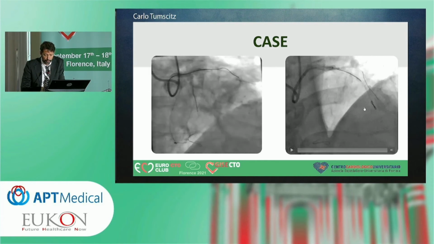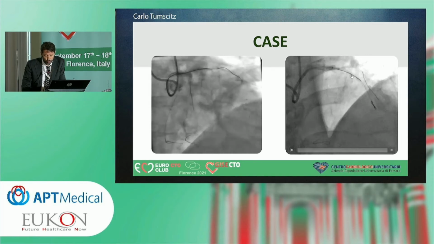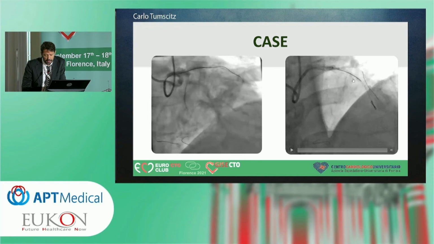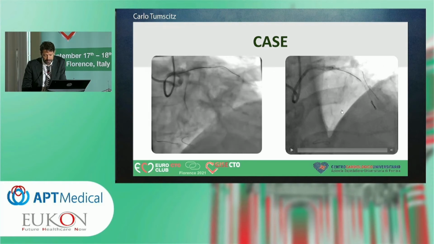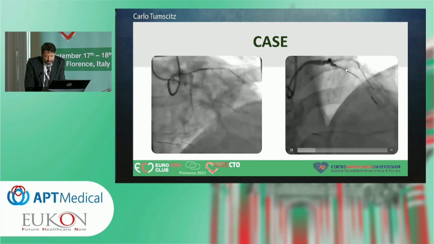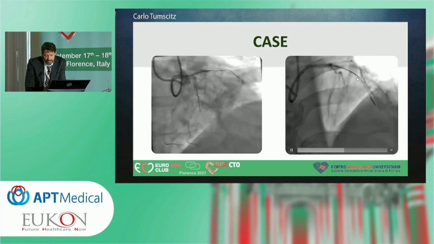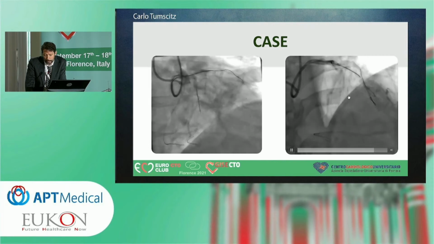After reaching the diagonal, we were able to see that probably the occlusion was proximal, but the LAD came from a diseased but open part of the vessel. From here we see the LAD coming 90 degrees down from the occluded vessel, but there is some flow, so probably we could pass through.